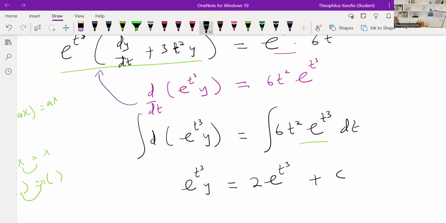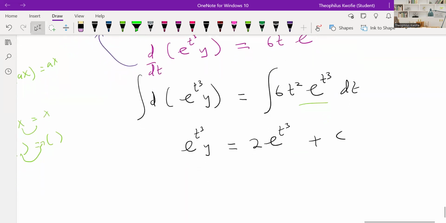Okay, good. So let's get going. Now we need y and not just e to something multiplying y. So we divide both sides by y, and this implies that y is equal to 2 plus some constant c multiplying e to the power minus t to the power 3.